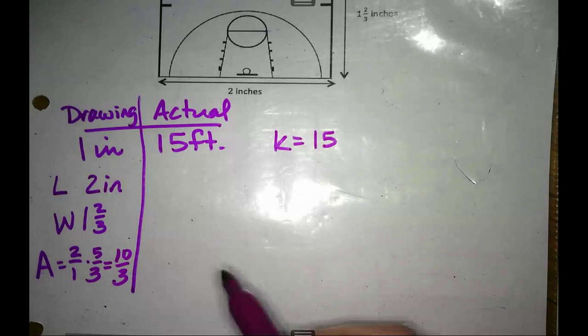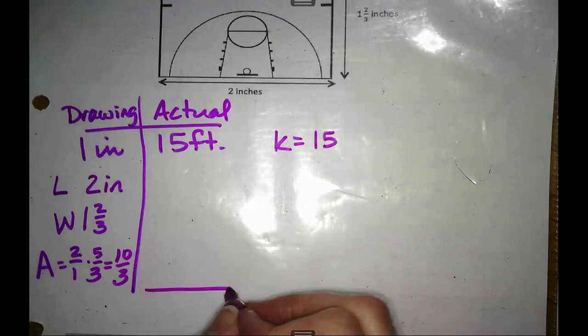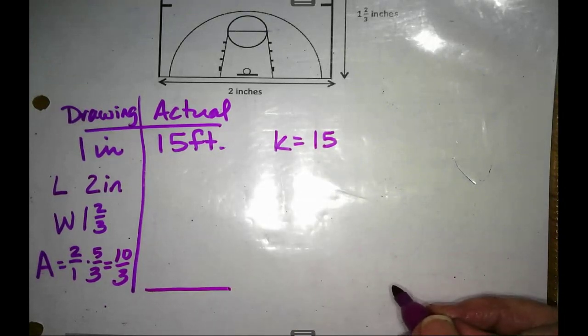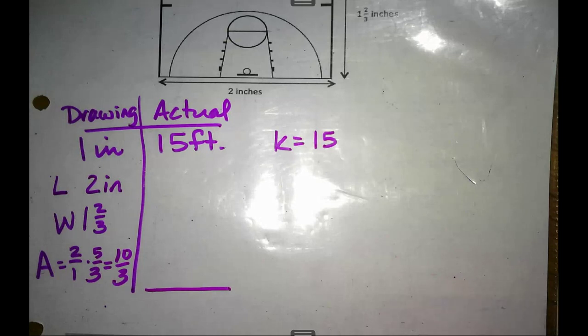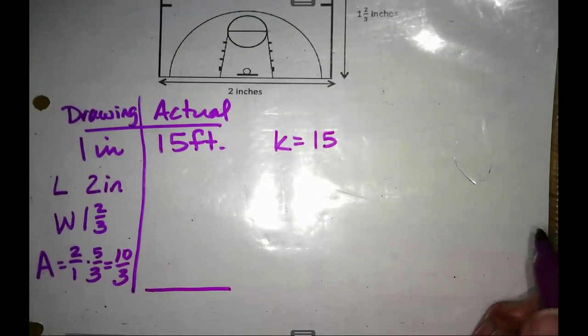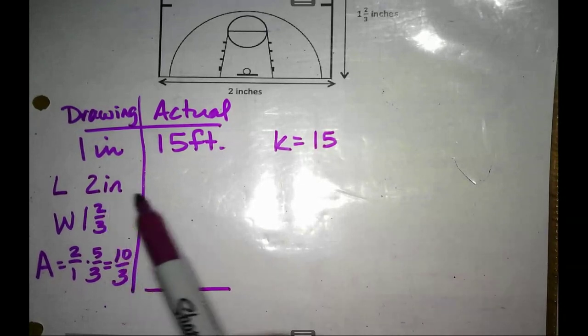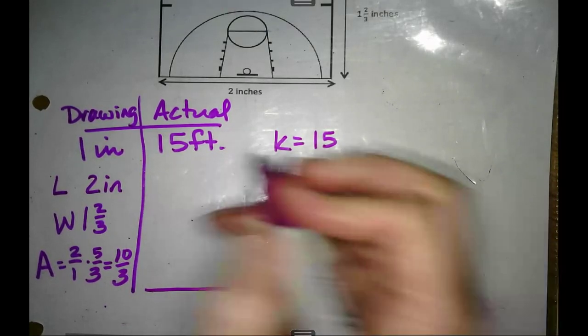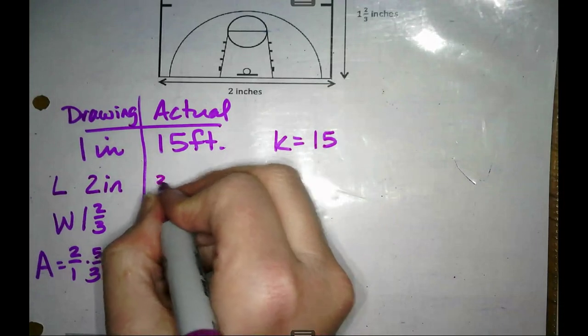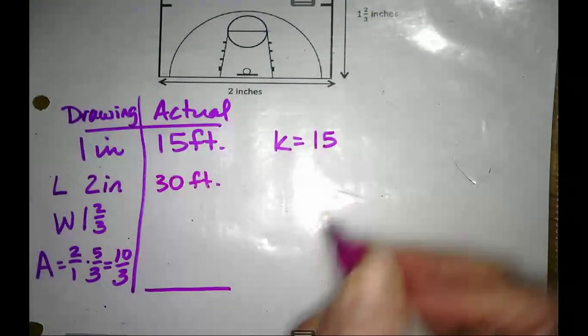The final answer I'm looking for is the actual area of the basketball court. Now, there are two ways that I can find the actual area. I can convert the length by multiplying by 15. 2 times 15 is 30 feet.